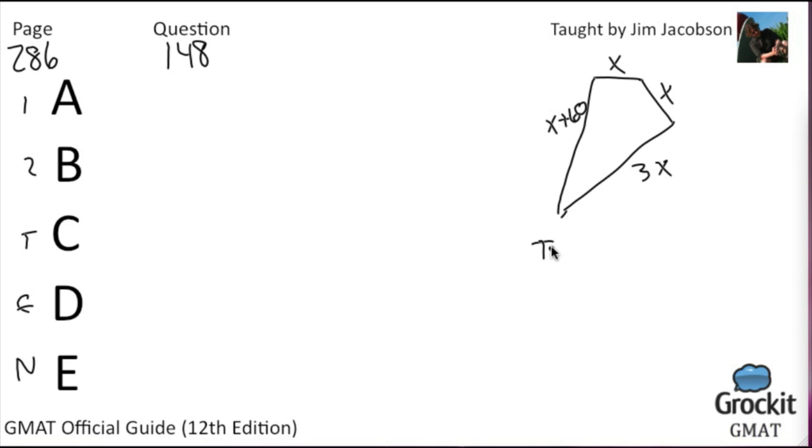The total would equal those four things together. 3x plus x plus x plus x plus 60 equals 6x plus 60. So if we can solve for x, we can figure out the perimeter of the figure.